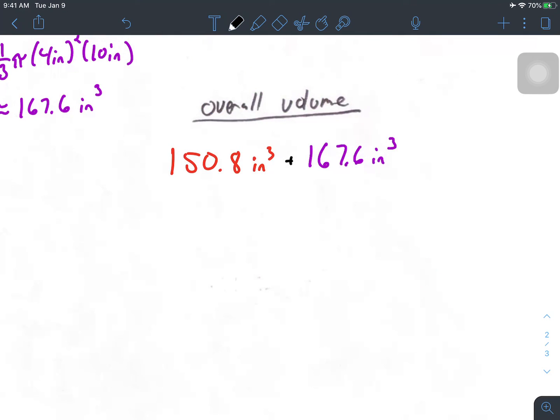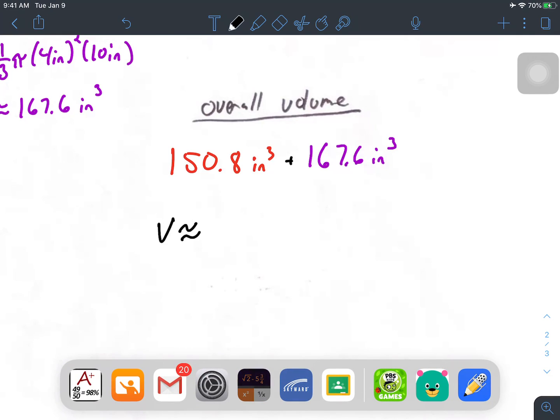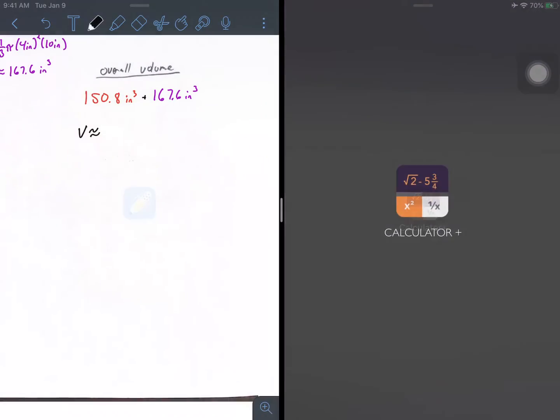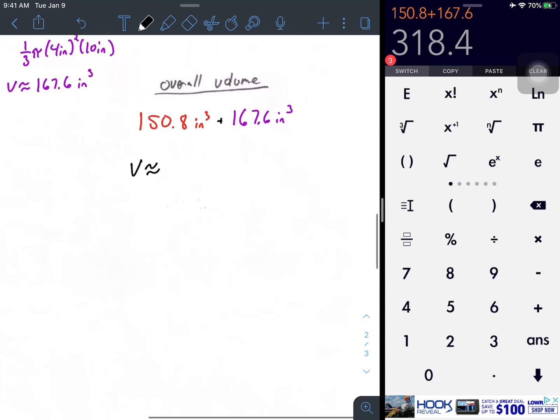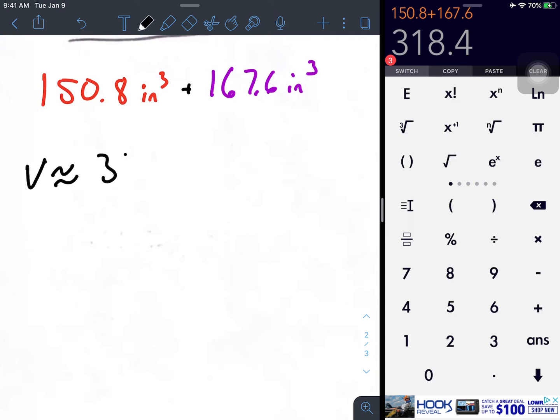So our overall volume then, if we add these numbers together, let's bring our calculator back now. So we have 150.8 plus 167.6. So our overall volume then would be about 318.4 cubic inches.